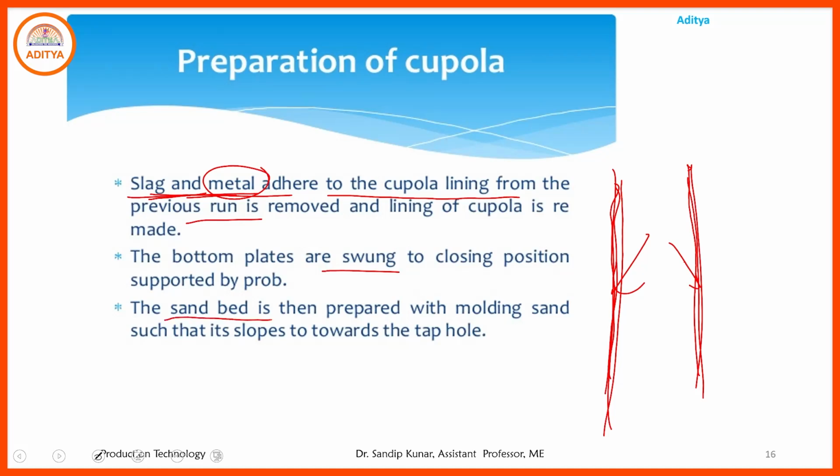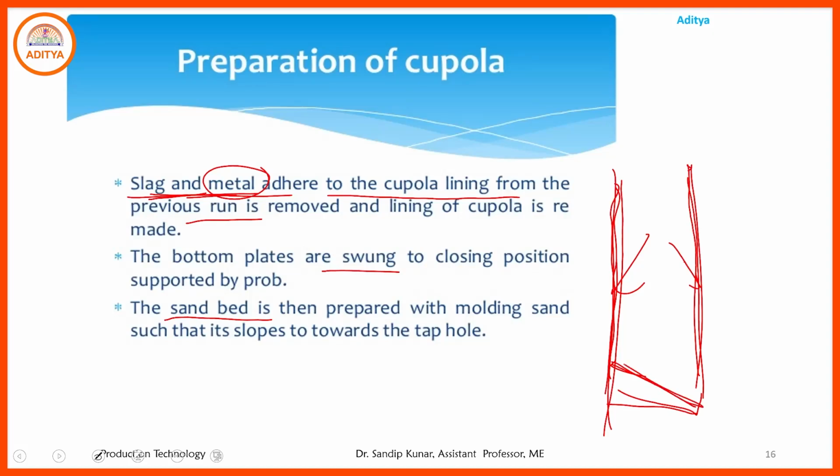We prepare the sand bed in the lower part of the furnace, made using molding sand, and we also provide a slope. Why do we provide the slope?